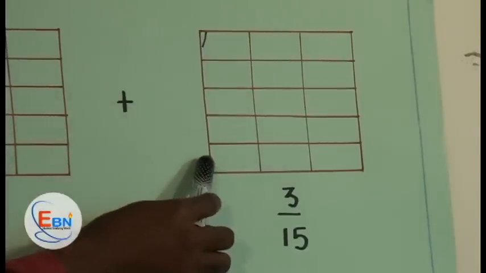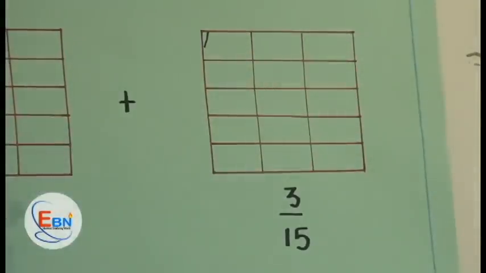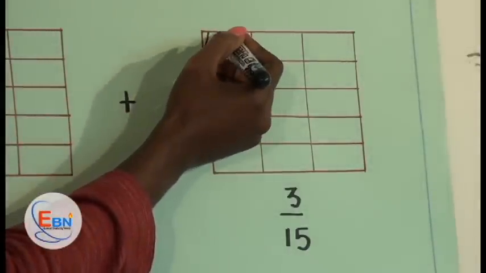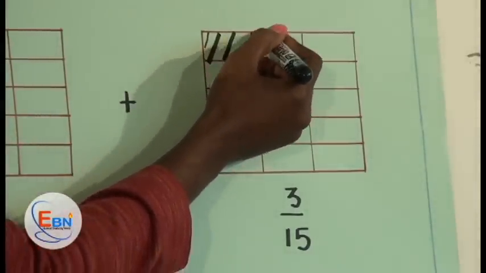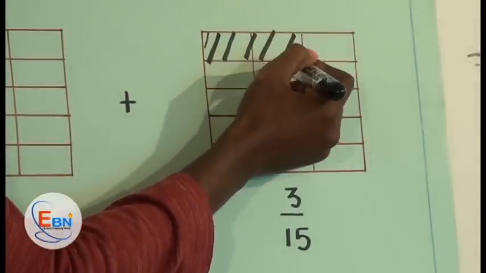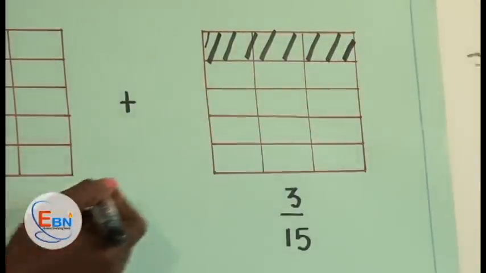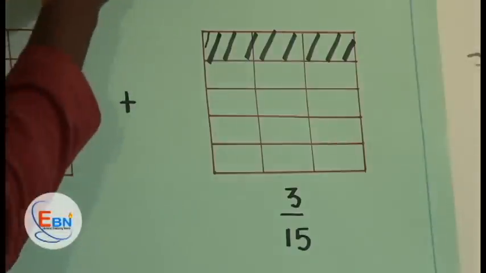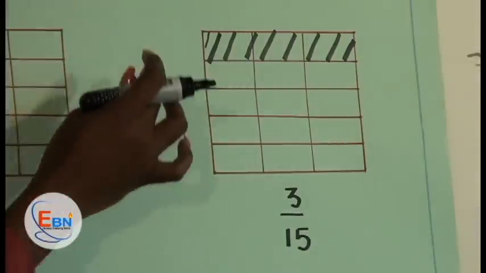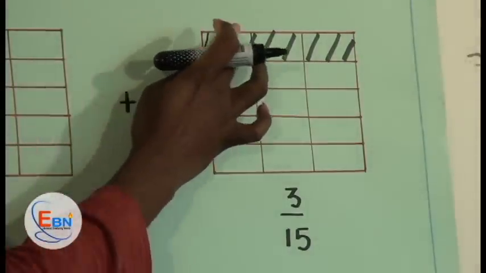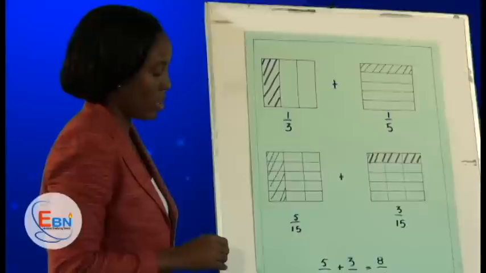On this diagram, I will shade my 1/5. And likewise, my 1/5 is now renamed to 3/15.